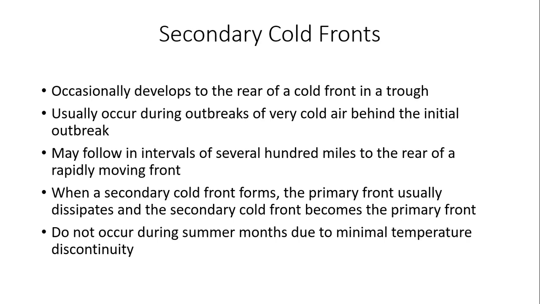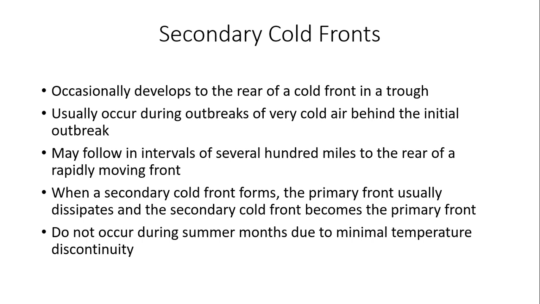Now, there are some cases where secondary cold fronts develop behind the main surface front, occasionally to the rear of a cold front in what's known as the trough, the area of lower pressure or heights. Secondary cold fronts usually occur during outbreaks of very cold air in the wintertime, and they usually develop behind the initial outbreak itself.